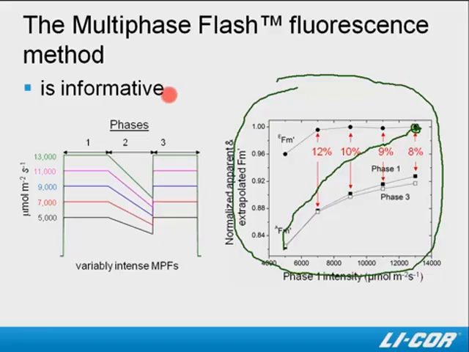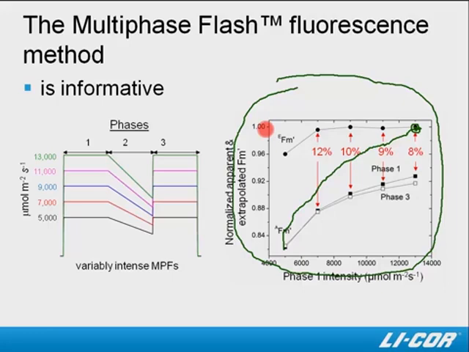How do we implement? Yeah, so if you've bought a 6400 XT or above, the instrument automatically comes with the multi-phase flash method. Now, for those of you who don't have an instrument in front of you, you're just going to have to remember how to manipulate your way through the menu screens.